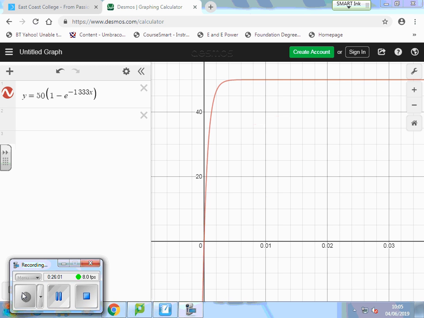That's the graph you get from that function, an exponential rise to a limit. So the capacitor gradually rises up to a limit of 50, which is what you would expect, and that's what we found in the science in year 1. Okay.